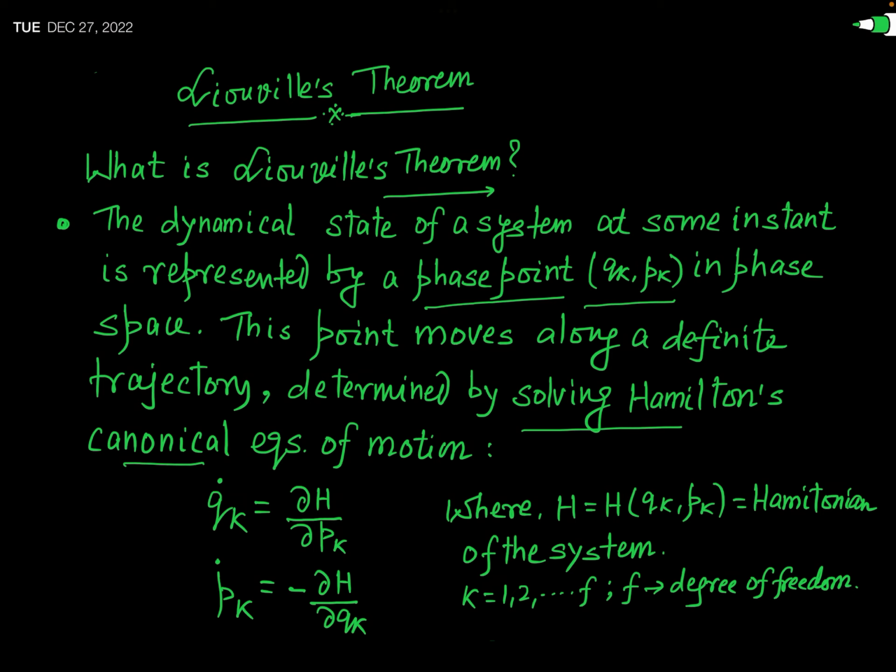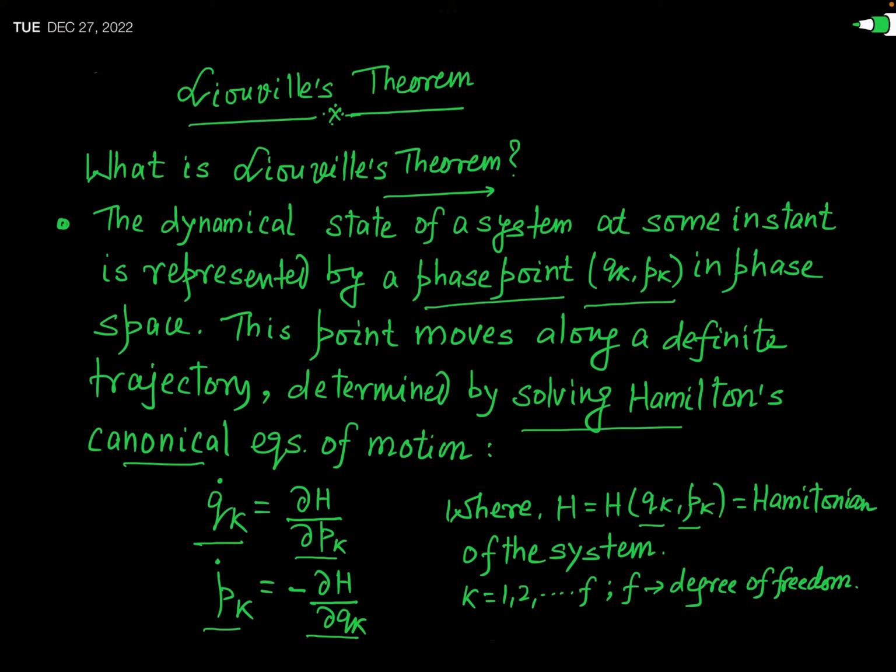The Hamilton's canonical equations of motion are given like this: qk dot equals del H by del pk, and pk dot equals minus del H by del qk. Here this function H, which is a function of qk and pk at a given time, is called the Hamiltonian of the system.